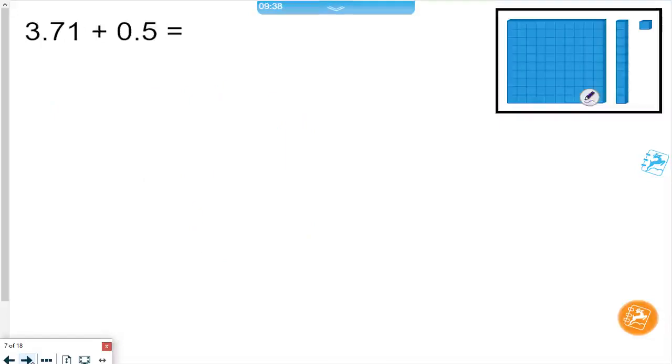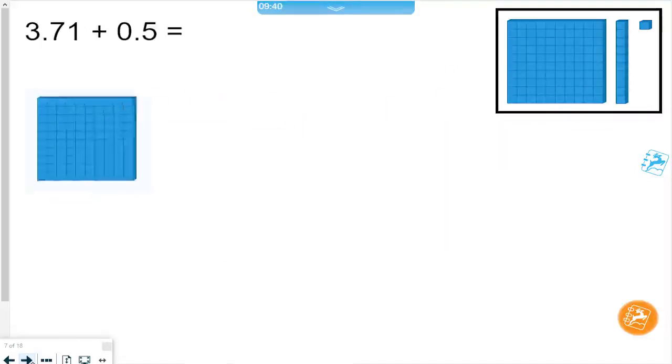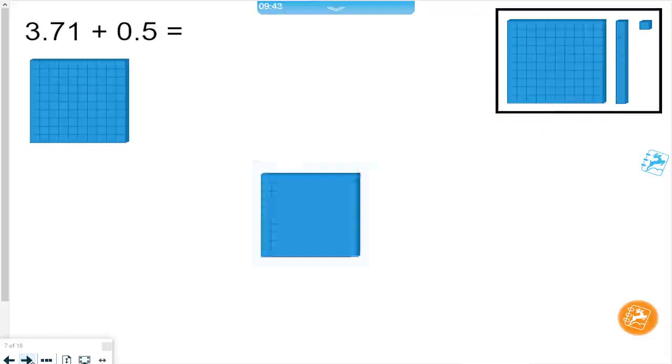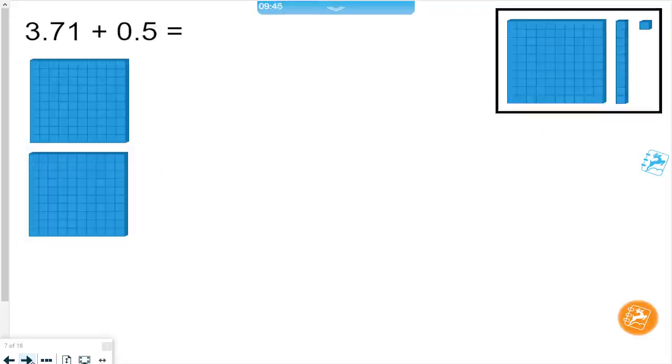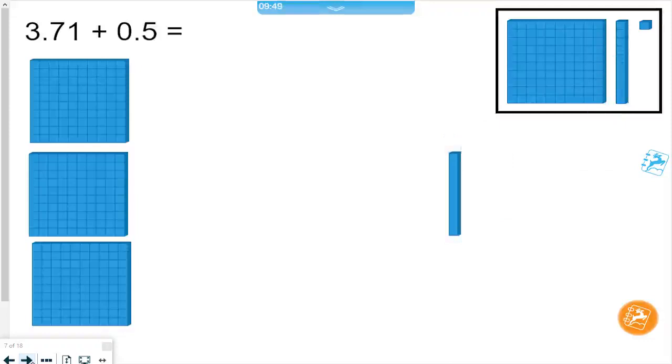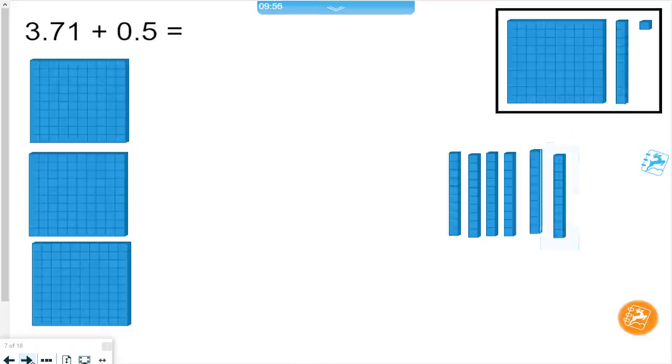All right. We got a big one here. We're going to go 1, 2, 3, 1, 2, 3, 4, 5, 6, 7. We're going to move this over here.